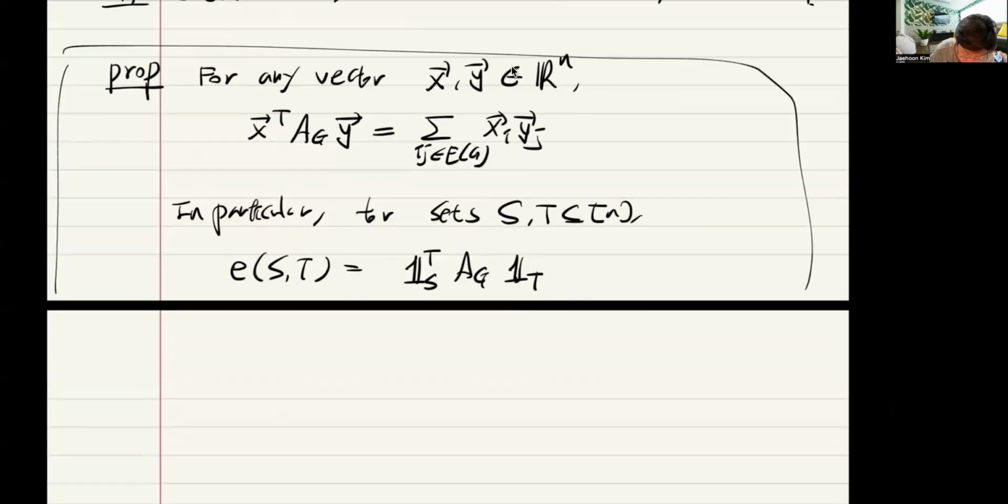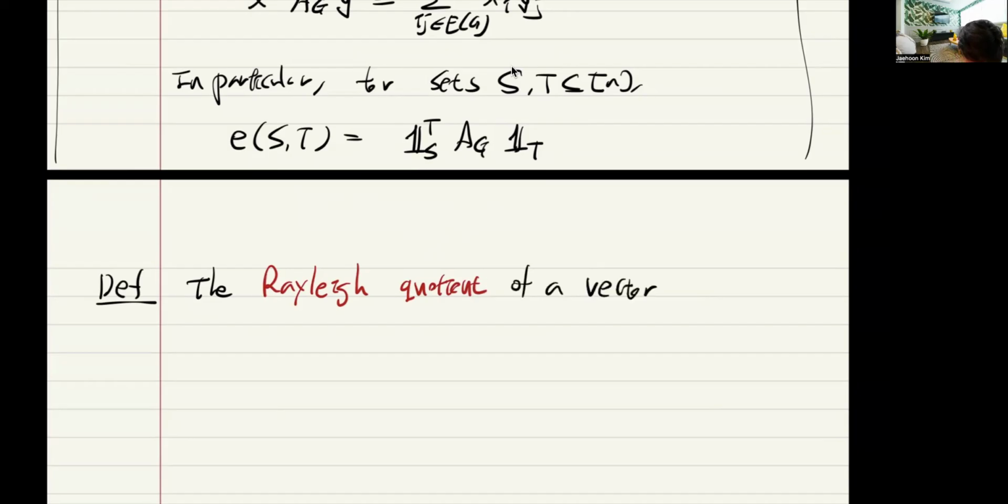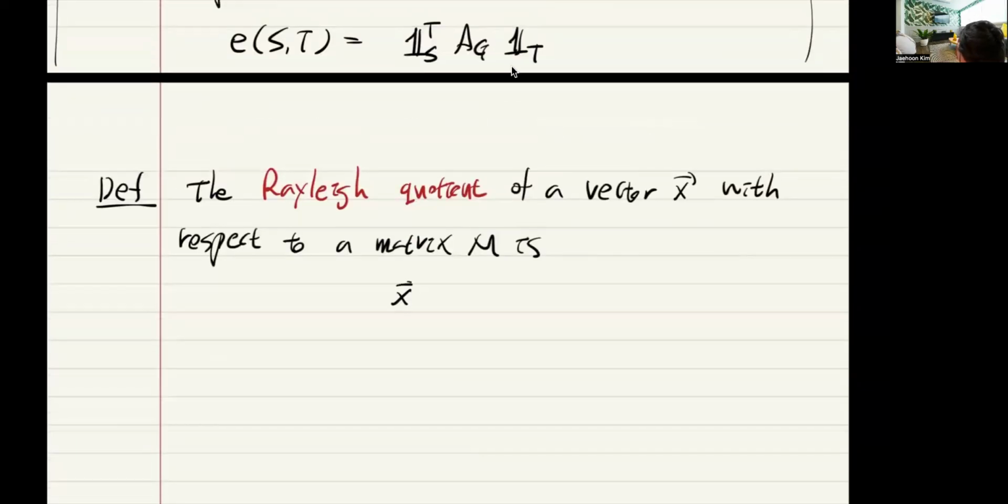Okay, so with this motivation, we will define something called the Rayleigh quotient. We say that the Rayleigh quotient of vector x with respect to a matrix M is: you take x transpose, multiply with M and x, and then you divide it by x transpose x.